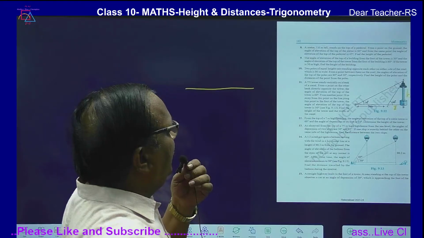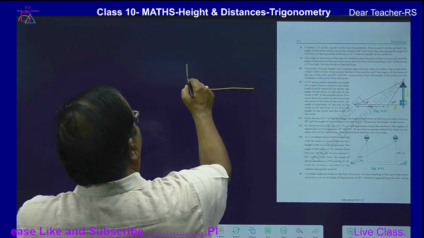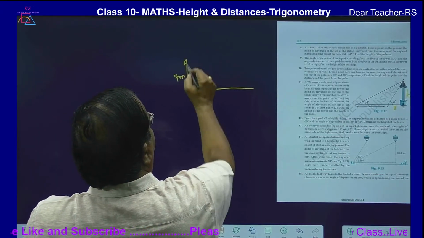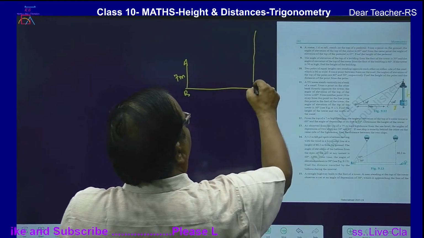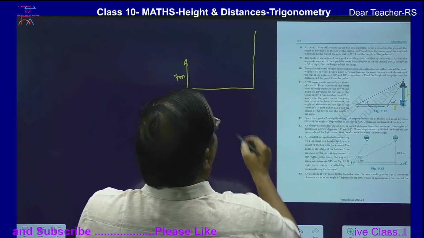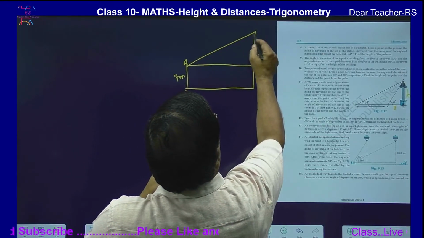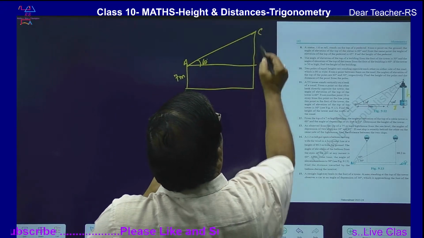So this is building 7 meters. AB is building 7 meters, and this is a tower. Okay. From the top elevation, because from here you have to draw, this is 60 degrees. So now CD is the tower.